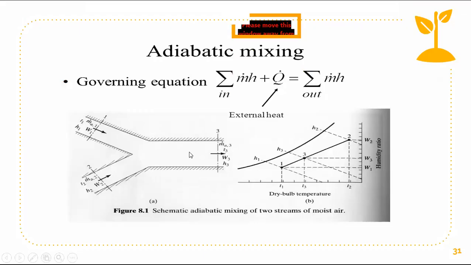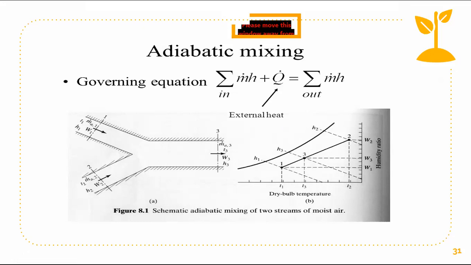In the process, you sum up the products of their mass flow rate and enthalpies for each stream. In this case, you have two, so you take the sum of the products of the two. If there's an amount of heat that is externally added, that is a different heat from the one mentioned there, wherein there is no net heat loss or gain.